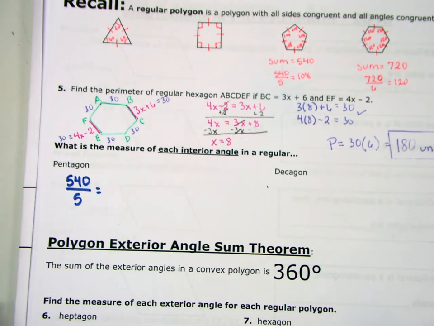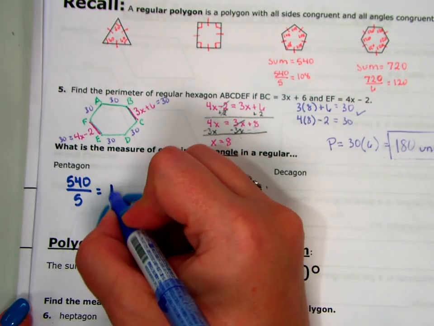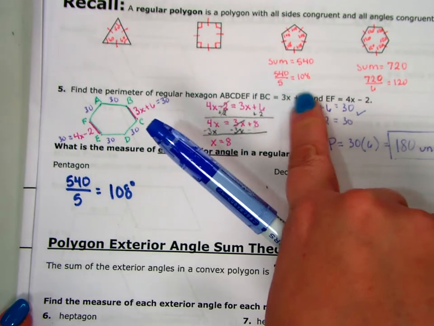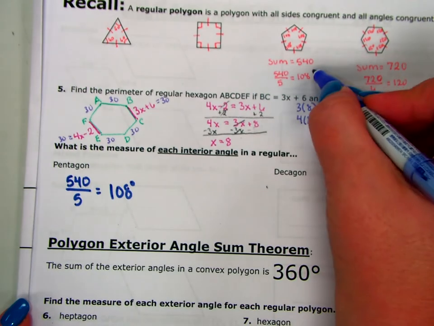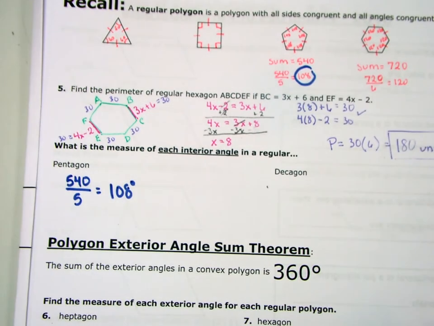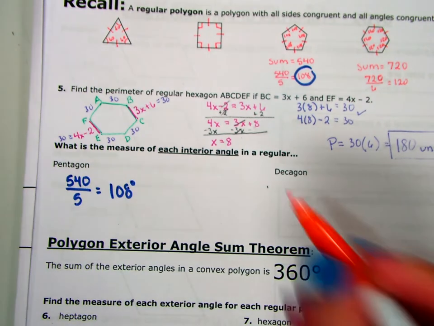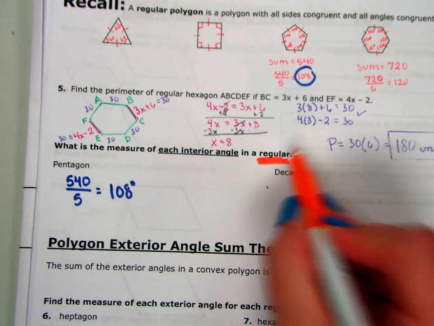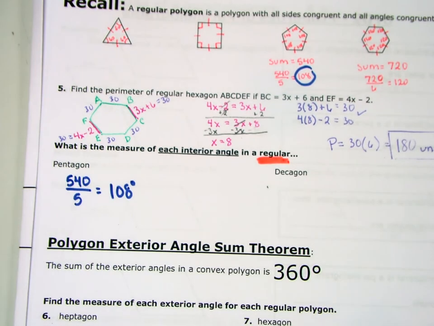How big was each interior angle in our regular pentagon? 108. Right, we did it right there. So each of those angles is 108. That's only going to work out if you're working with regular. Right? You won't be able to do that sort of thing if it's not a regular shape.